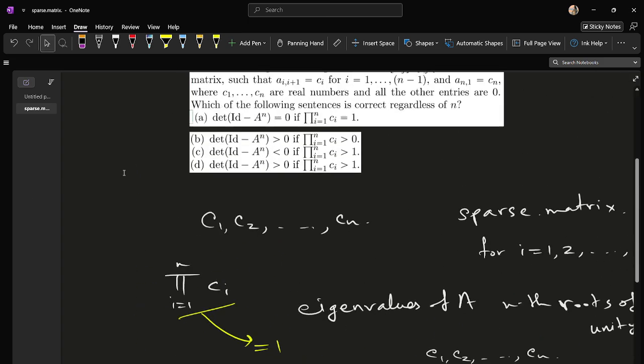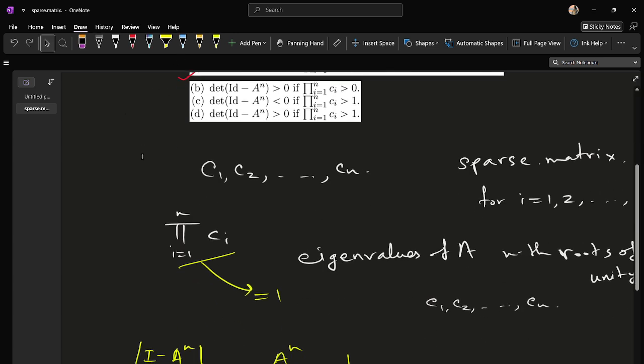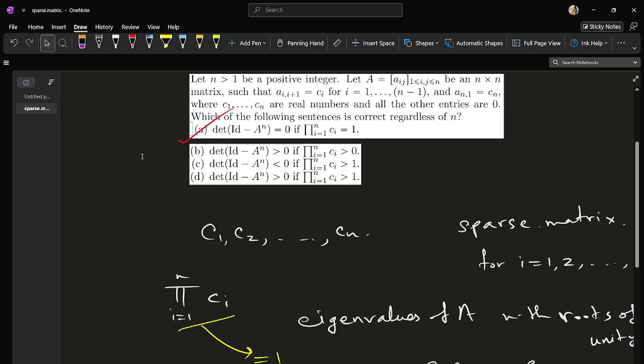So the first statement is true. The correct option of this question will be option A. Now we have to think about B, C, D also. As it's a single correct question, we can easily leave the question now.